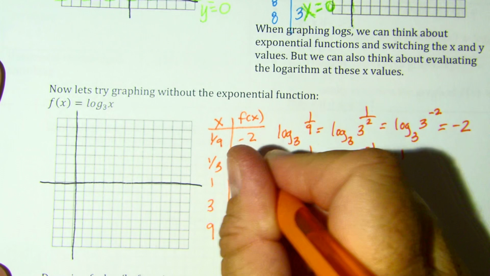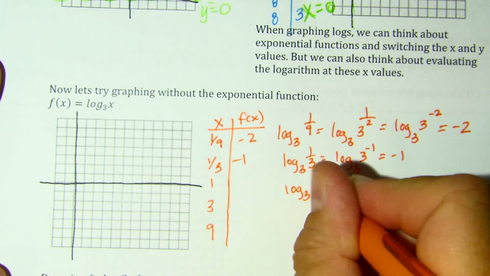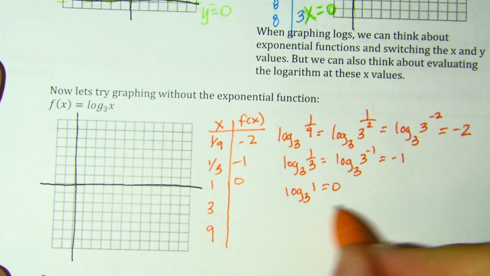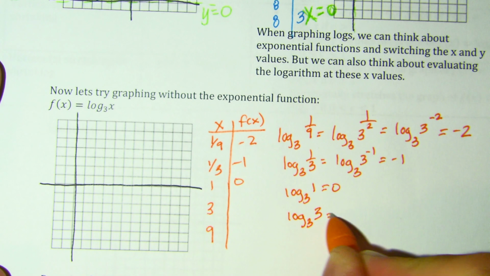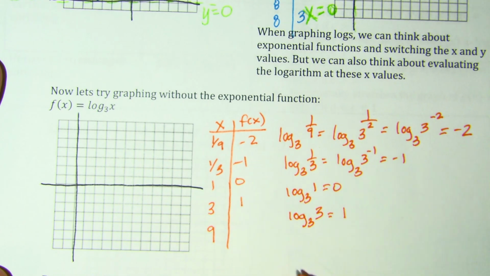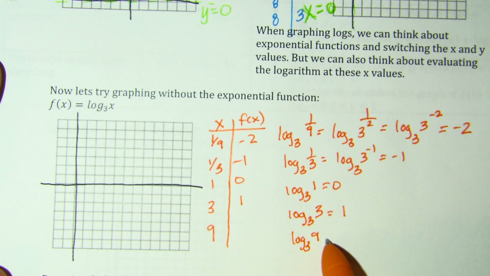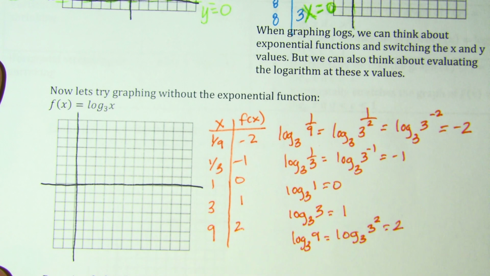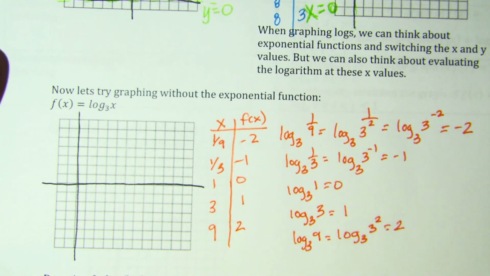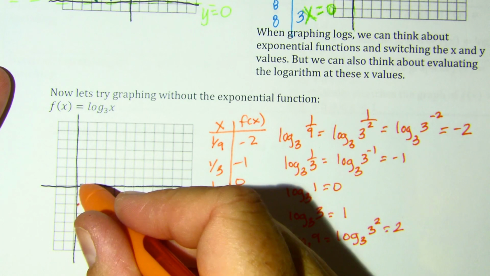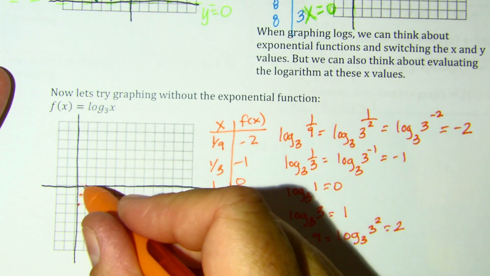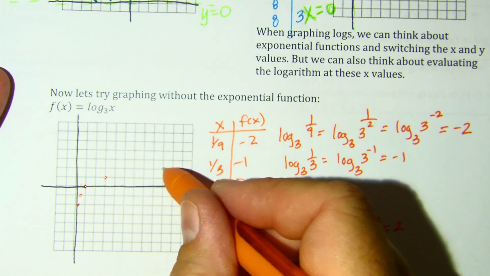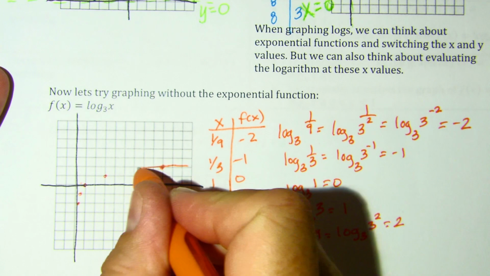That's equal to negative 1. Log base 3 of 1, well, log base anything of 1 is equal to 0. Log base 3 of 3, well, if those two numbers are the same, it's equal to 1. Log base 3 of 9, that's the same thing as log base 3 of 3 squared, so that's equal to 2. And now we have this set of points that we can plot: 1/9, negative 2; 1/3, negative 1; 1, 0; 3, 1; and 9, 2. And that gives me my graph.